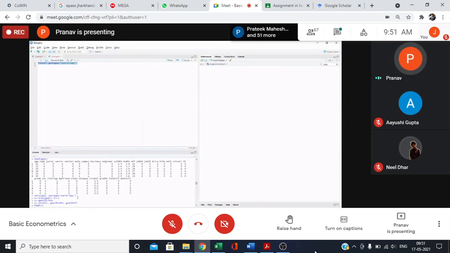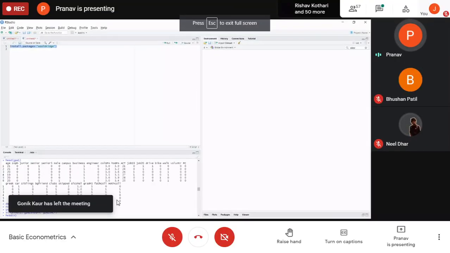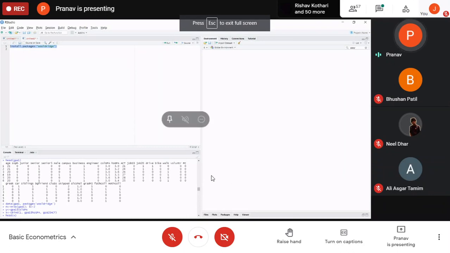So I performed this command. That is, I got the data GPA1 from the package Woolrich. Next thing that I have to do is define the number of rows. There are 141 observations, so the number of rows in GPA1 becomes my n, the total number of observations. And how many independent variables do I need?